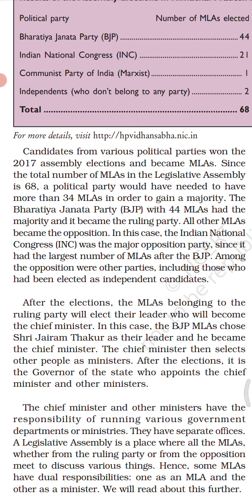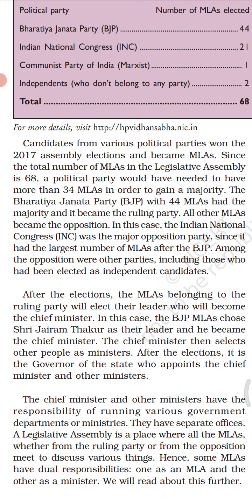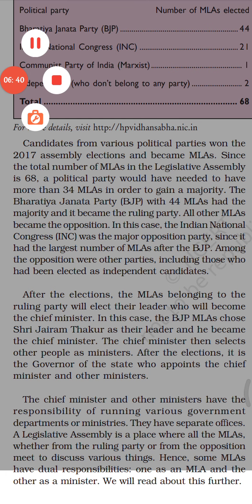In this case, the Indian National Congress (INC) was the major opposition party, means the second party with more seats. It had the largest number of MLAs after the BJP. Among the opposition were other parties, including those who had been elected as independent candidates. So this also we have discussed about independent candidates.